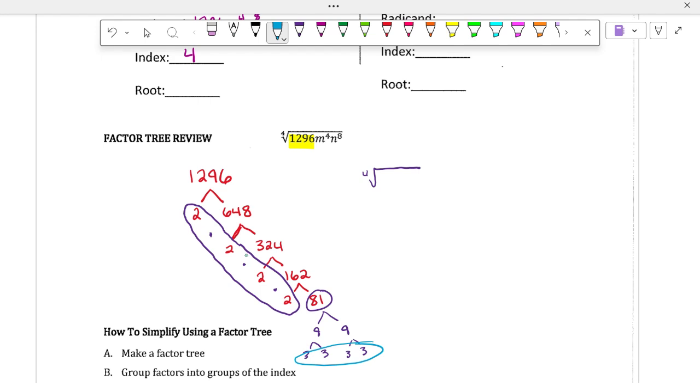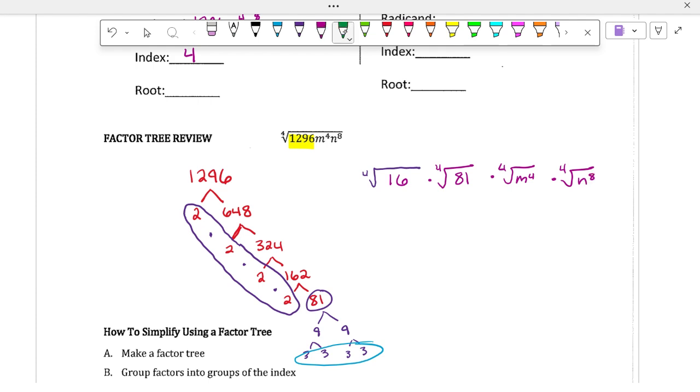So we have 4 2s and 4 3s. So we can rewrite this as the fourth root of 16 times the fourth root of 81 times the fourth root of m to the fourth times the fourth root of n to the eighth.